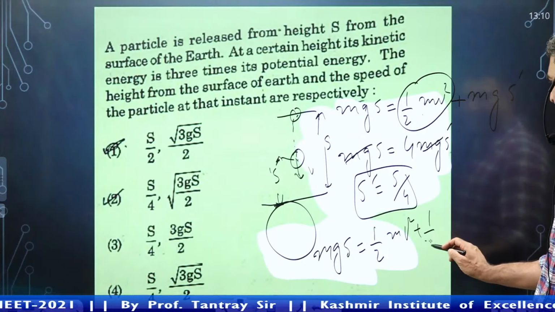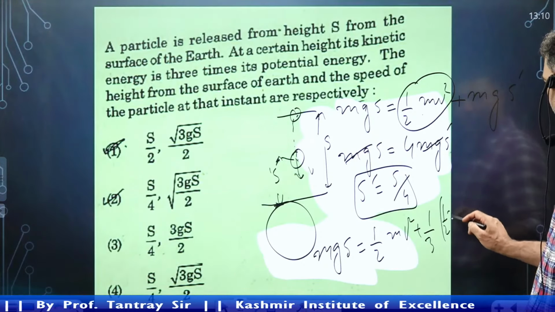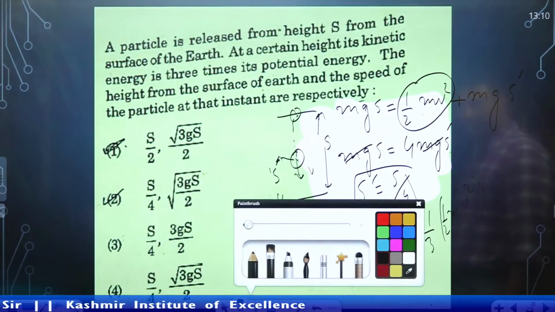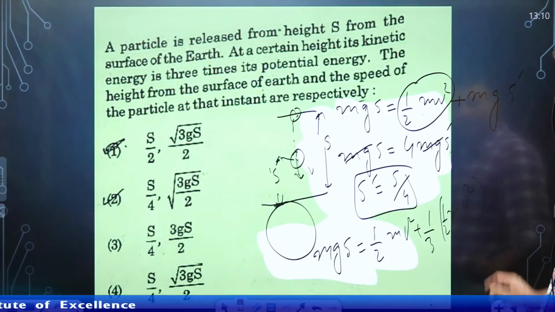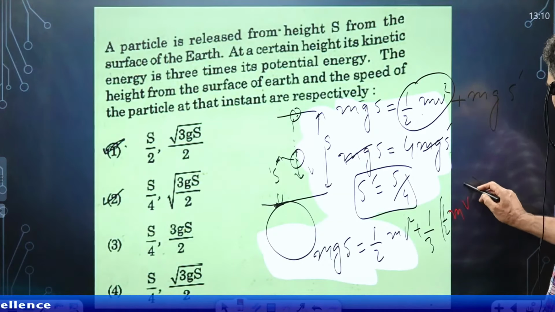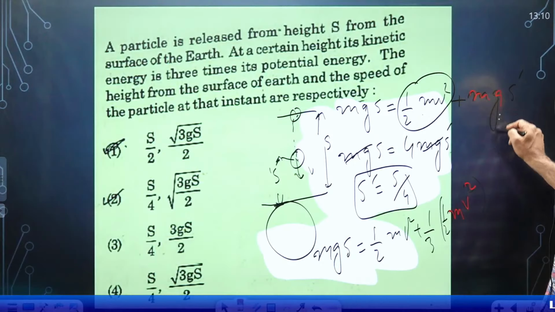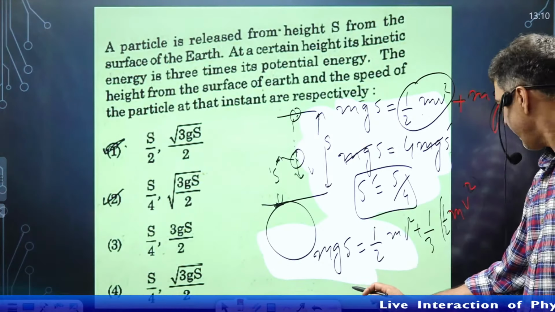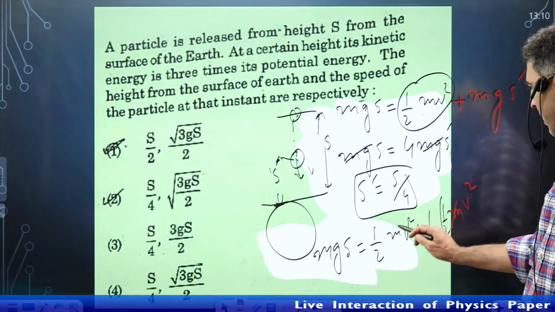So 1/3 of 1/2 mv square. Here m gets cancelled throughout.